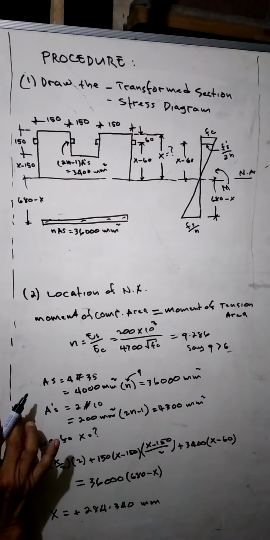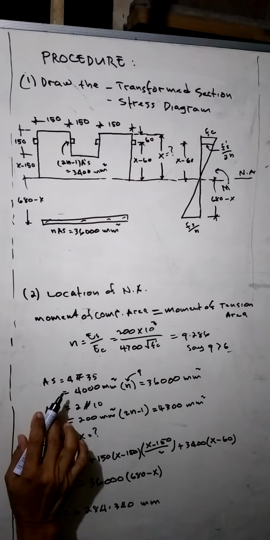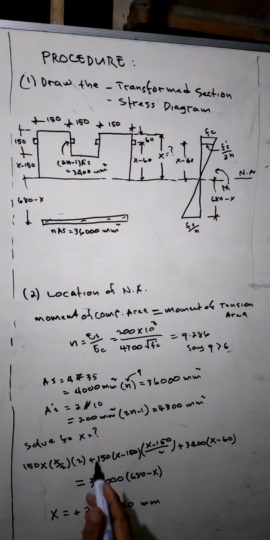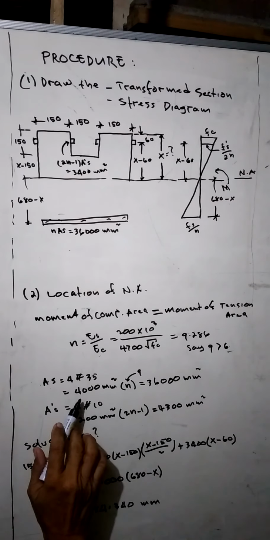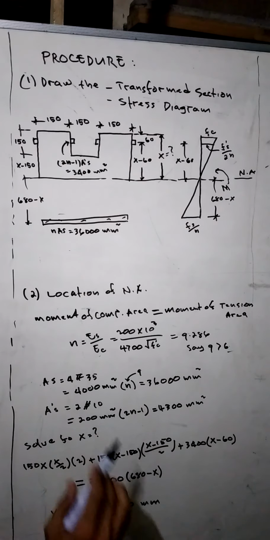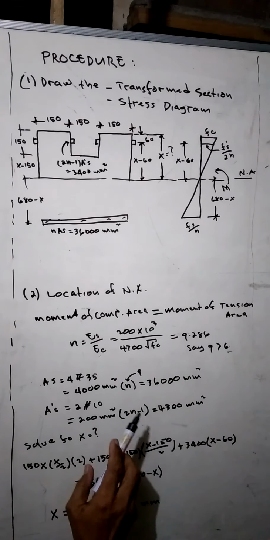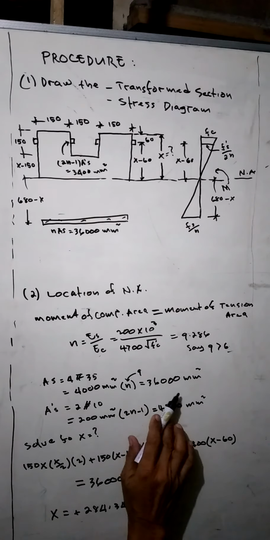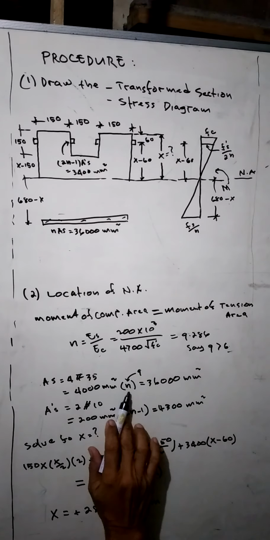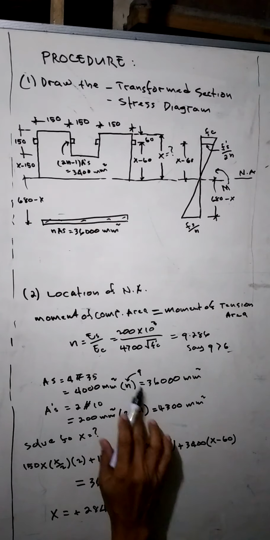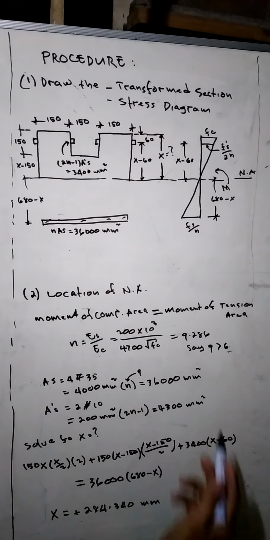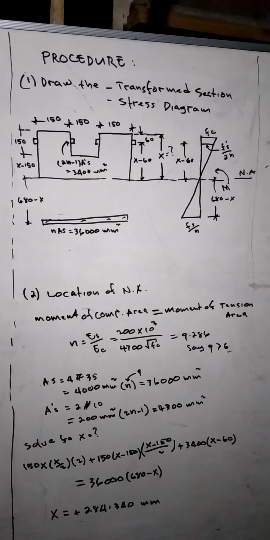Since the tension bar is 4, multiplied by 4, that is 4,000 square millimeter. To transform the area, multiplied by n, which is 9, resulting to 36,000 square millimeter.